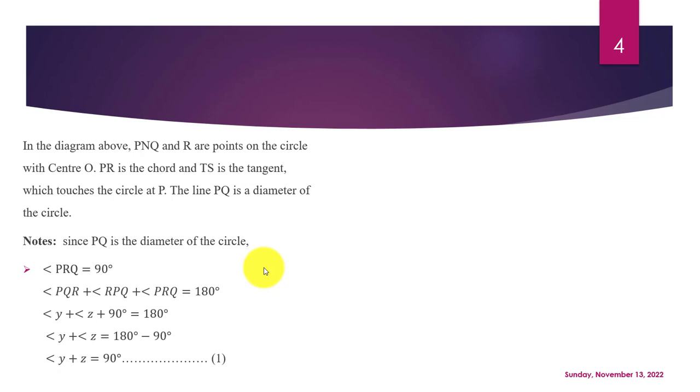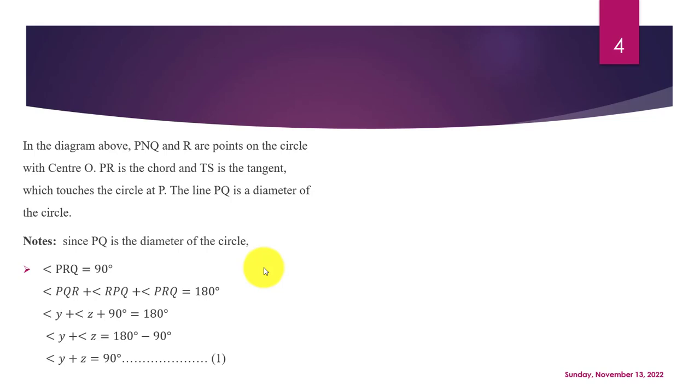Note, since PQ is the diameter of the circle, it implies that angle PRQ is equal to 90 degrees.